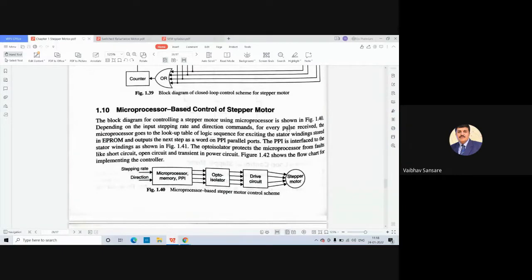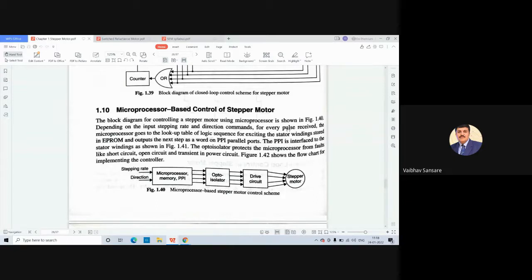Depending upon that program, the microcontroller will give the logic sequence for the operation of the stepper motor. That logic sequence is nothing but the logic sequence by which we excite the different phases of the stepper motor.